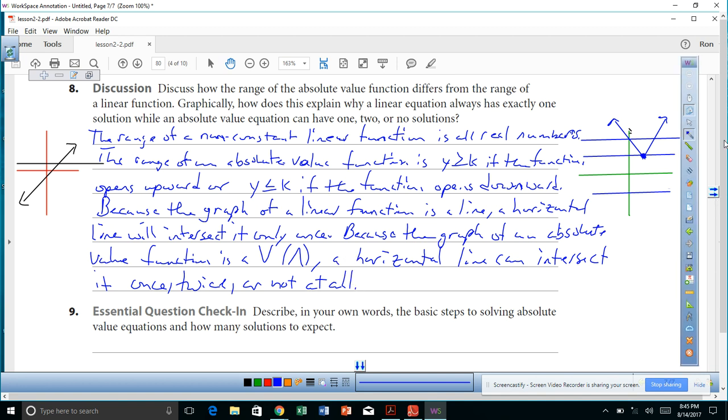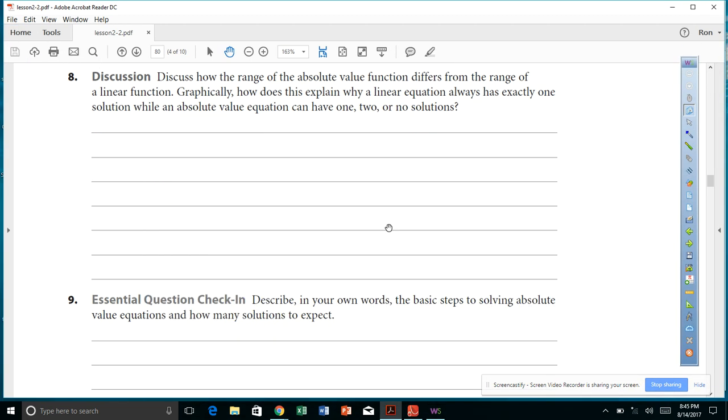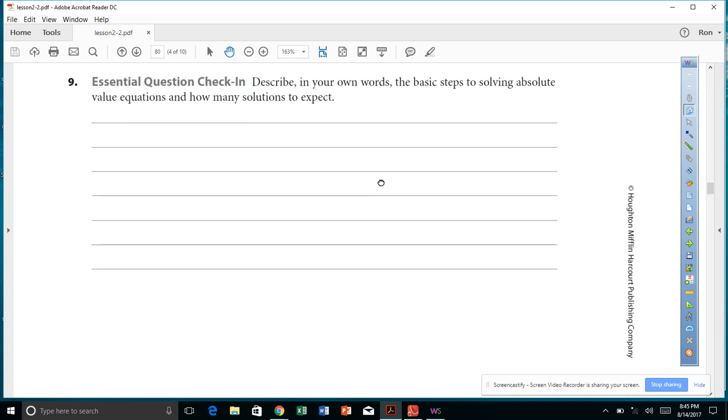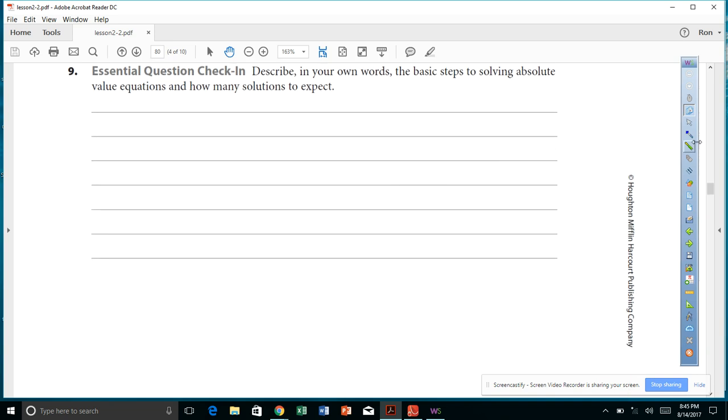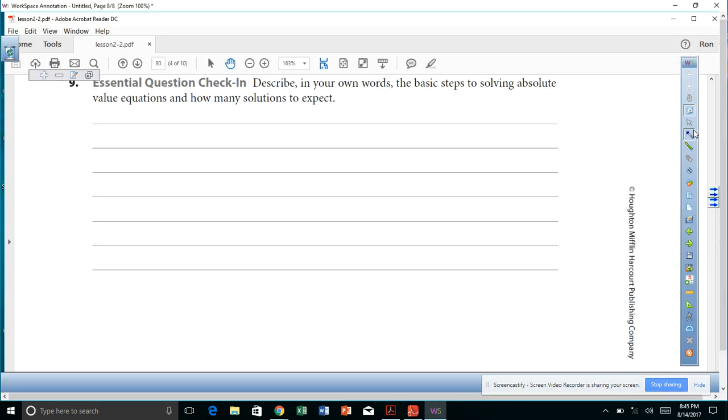All right. Essential question check-in. Describe in your own words the basic steps to solving absolute value equations and how many solutions to expect. Well, the big thing is to isolate the absolute value expression.